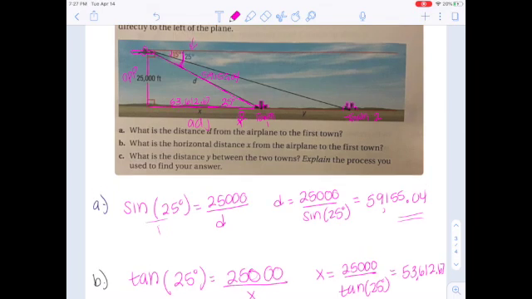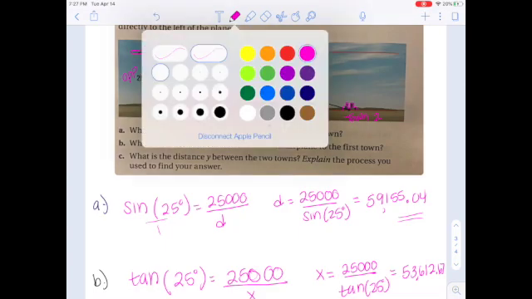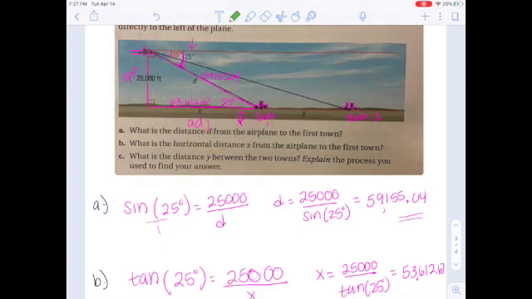And our last question of today is, what is the distance y between the two towns? So y is actually right here. So y is the distance between the two towns, right? And explain the process you used to find the answer.